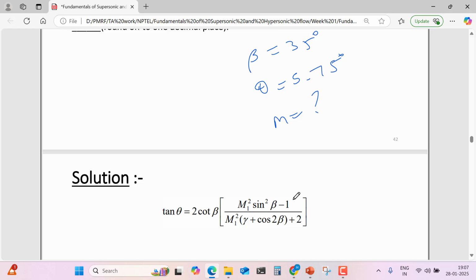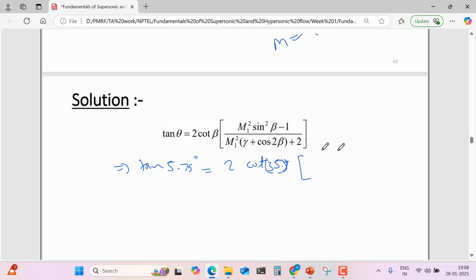If you put the theta and beta values in this, we will get tan 5.75 degrees equal to 2 cot 35 times (M1 square sin square 35 minus 1) upon (M1 square (1.4 plus cos 2 times 35) plus 2).